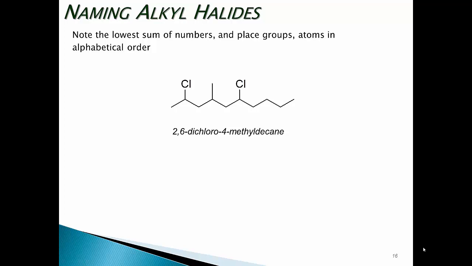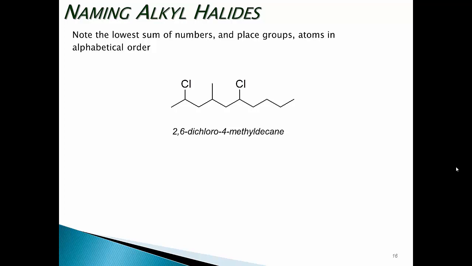So, naming alkyl halides. Again, looking for the longest continuous carbon chain here, we've got dec, so it's a decane. How are we going to do our numbers? We could go 1, 2, 3, 4, 5, 6, so we have a 2, 4, 6. Or we could go 2, 3, 4, 5, 7, 9. If I got my calculator out, the 2, 4, 6 adds up to a lower value than 5, 7, 9, so that would be the correct way of naming this one.